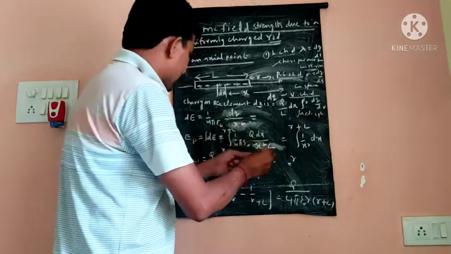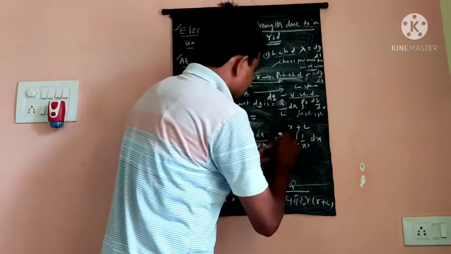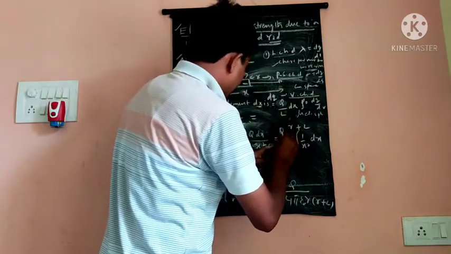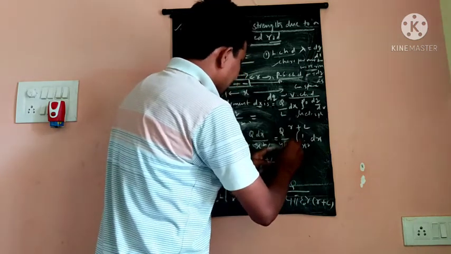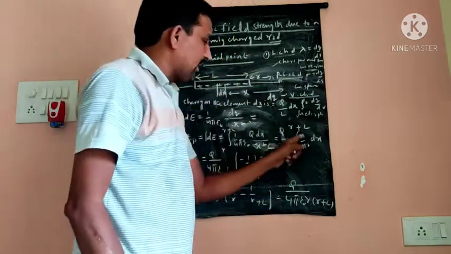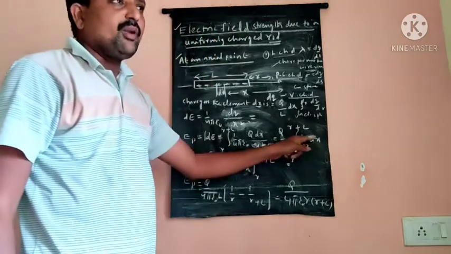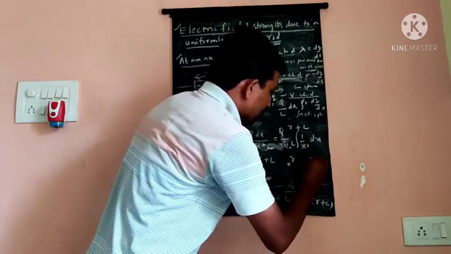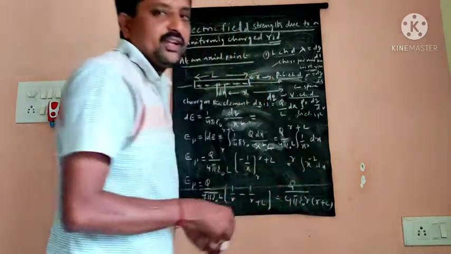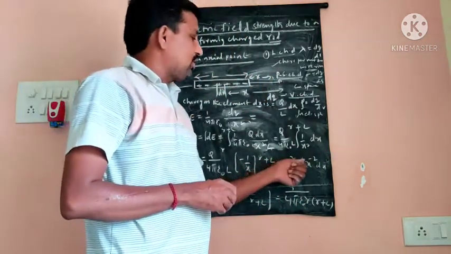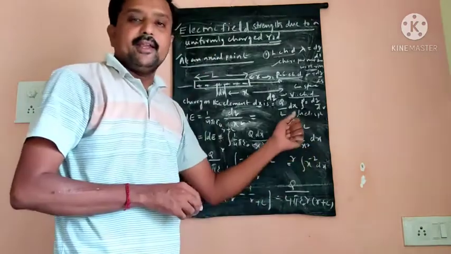Here q, 1 by 4 pi epsilon naught, and L are constants. So we integrate 1 by x square dx, which can also be written as x to the power of minus 2 dx. We know that the integral of x to the power of n is x to the power of n plus 1 by n plus 1.